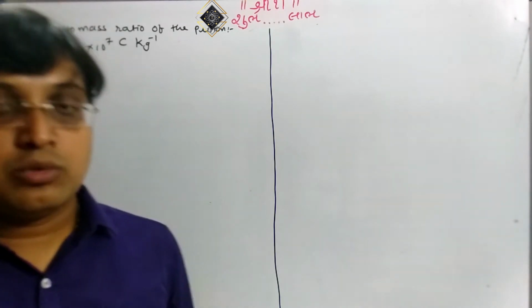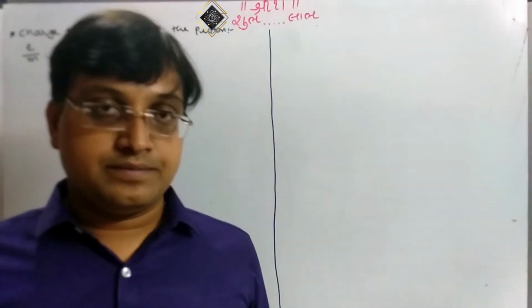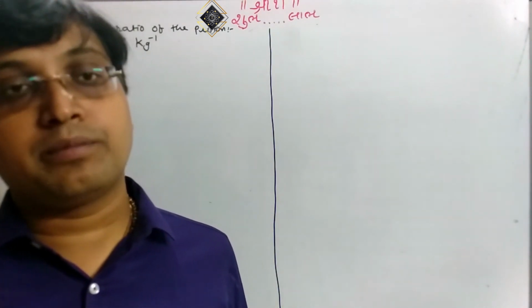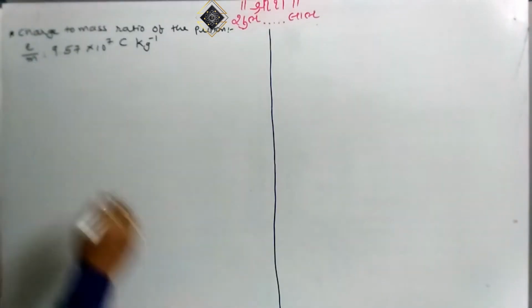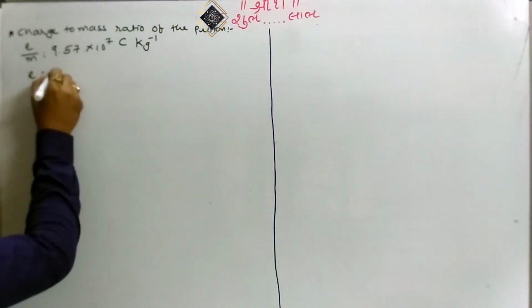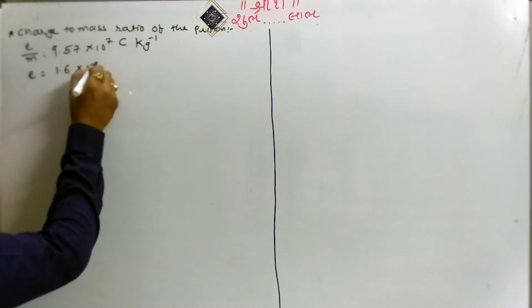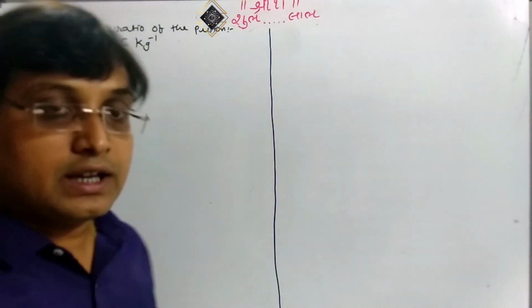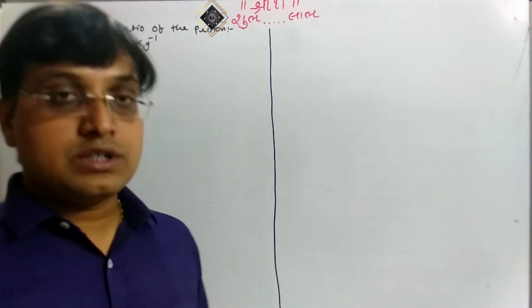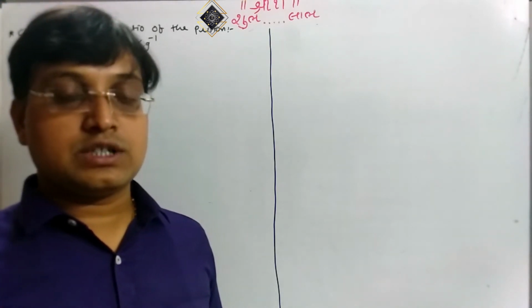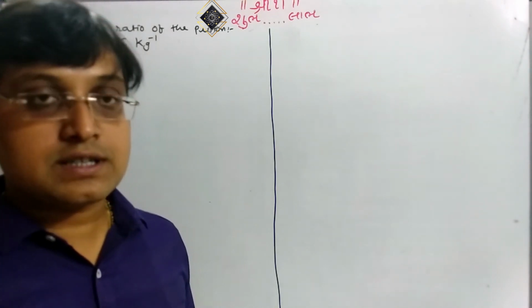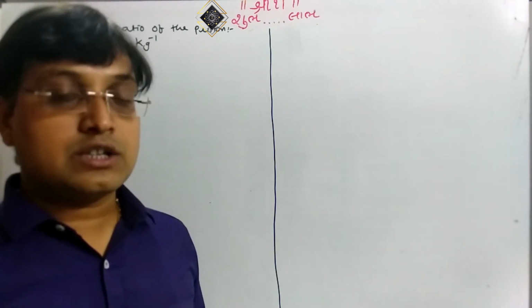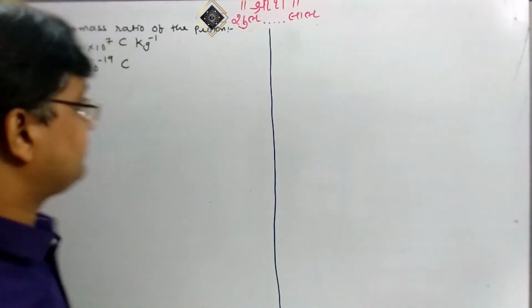By the Millikan oil drop method, we found the charge of proton is 1.6 into 10 raised to minus 19 coulomb, exactly like the charge of electron. To just differentiate that charge, we put a plus sign in the charge of the proton.